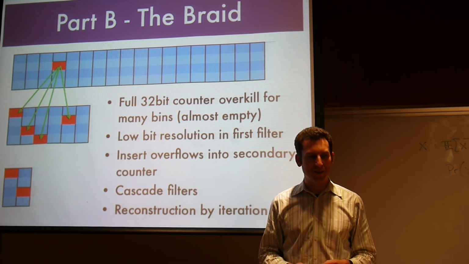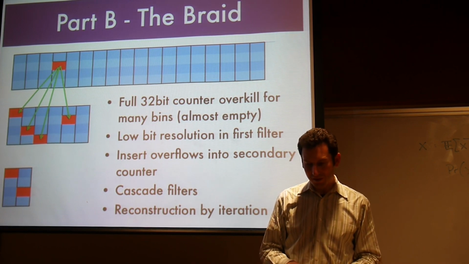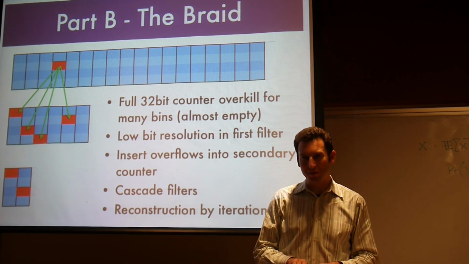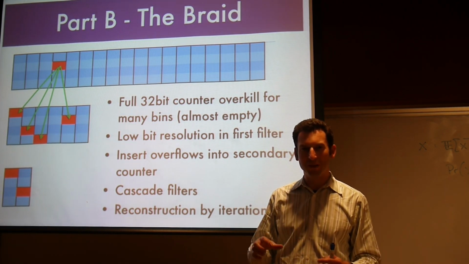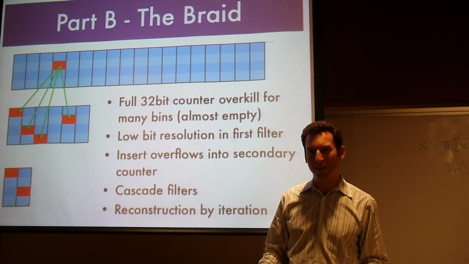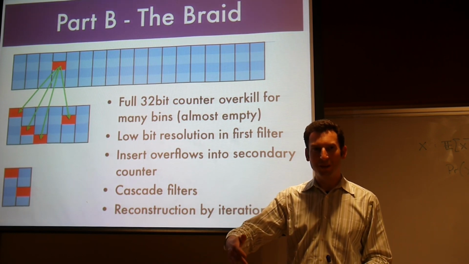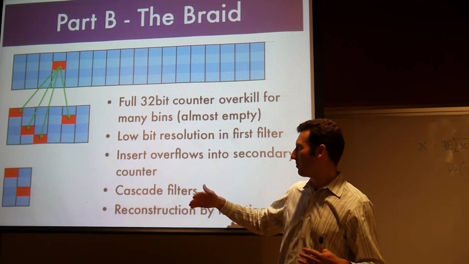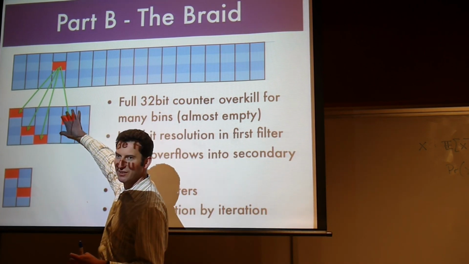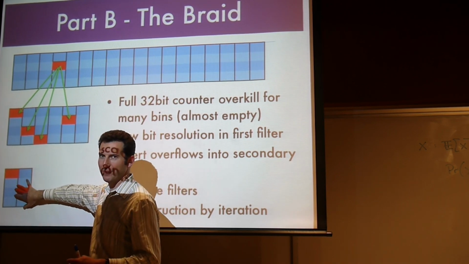So what you can do instead is something very counterintuitive. You take counters which have only a small bit resolution, let's say for instance 8-bit. Of course those counters are going to overflow. But then you pipe those overflows into a subsequent count min data structure. And then you pipe those overflows into the next one.